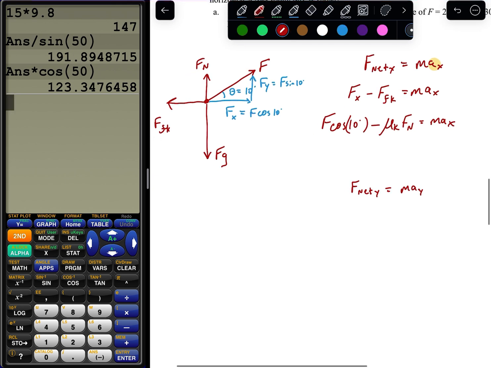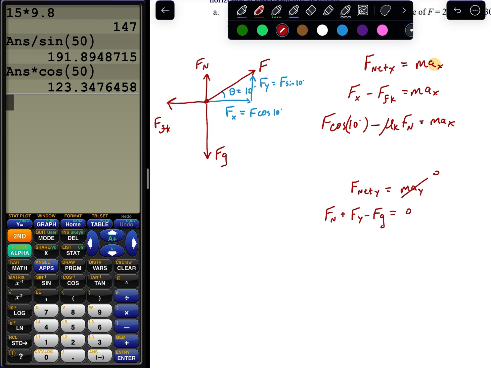Let's try the y direction. We have the normal force plus the y component of our force vector, which is going to be Fy. Those are the two upward forces, so I'm going to add them up. And then to that, I'm going to subtract the force of gravity. And this object isn't accelerating upward, nor is it accelerating downward.